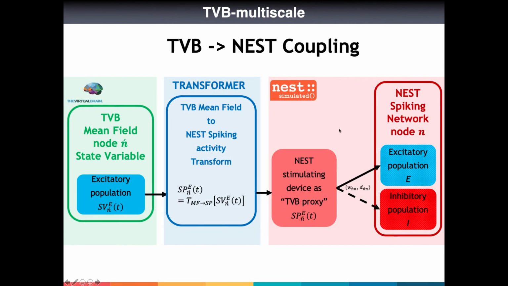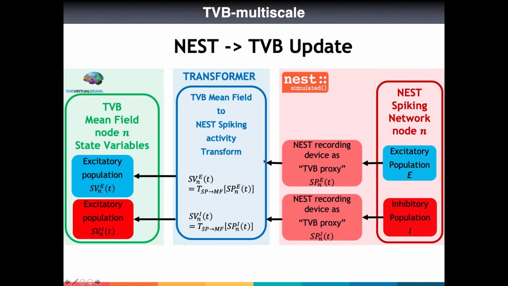In order to have this working, there are several modules to communicate activity and to transform, for instance, firing rate activity from TVB to spikes in NEST, or the other way around, from spikes to create a firing rate activity to update the activity of a specific TVB node.